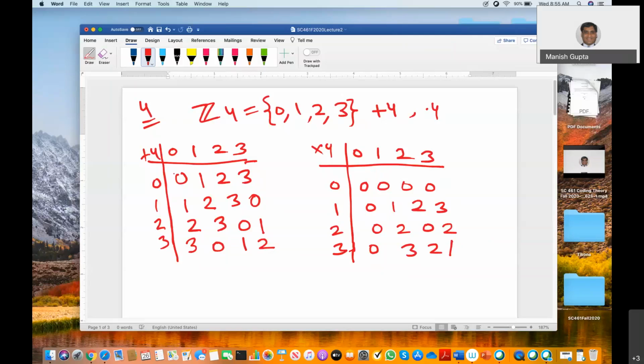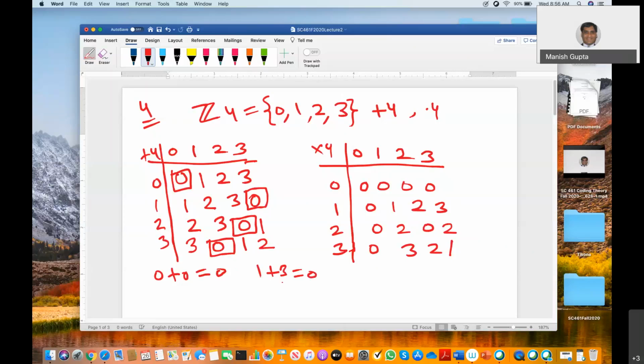Now, if you look at it with respect to addition, 0 is here. So 0 is self-invertive. Look at another 0 here in the table. So 1 plus 3 is 0. 2 plus 2 is 0. So what does this say? 0 plus 0 is 0. 1 plus 3 is 0.